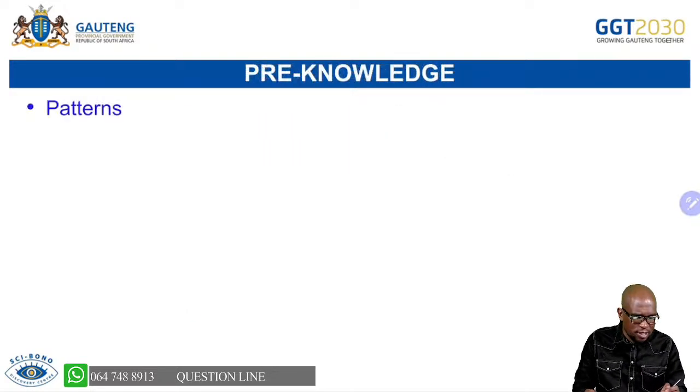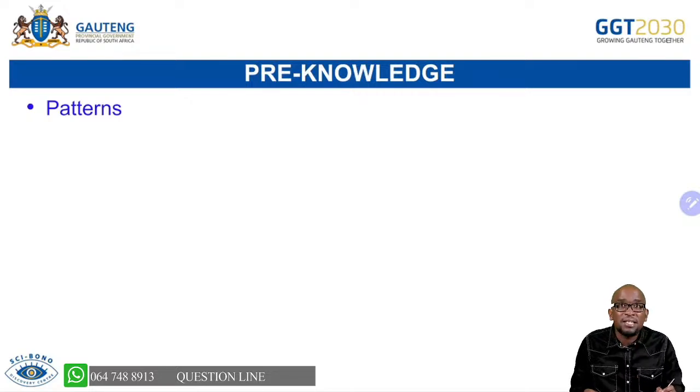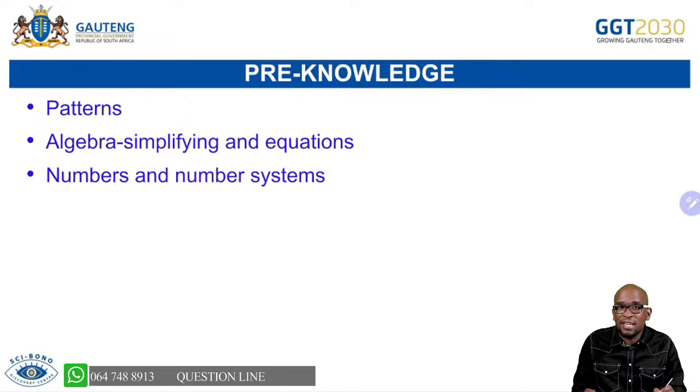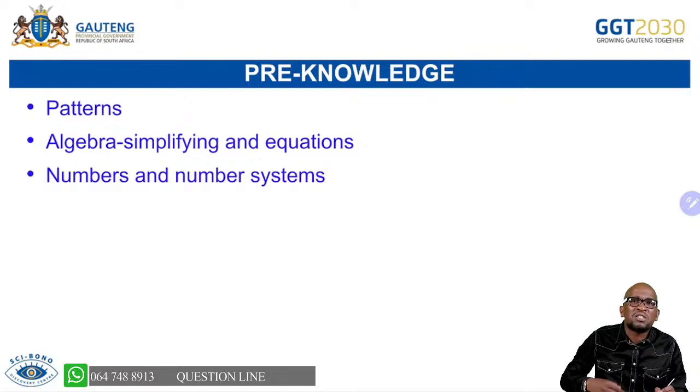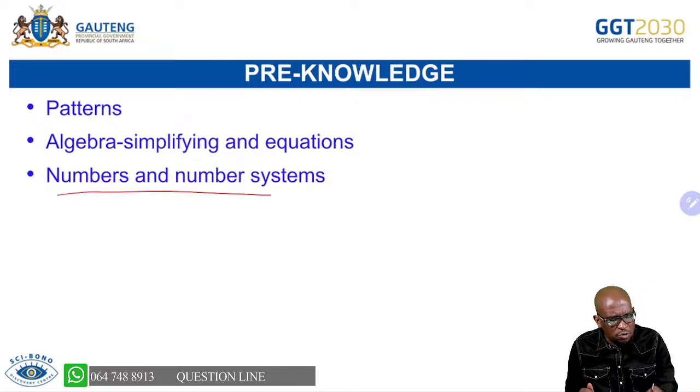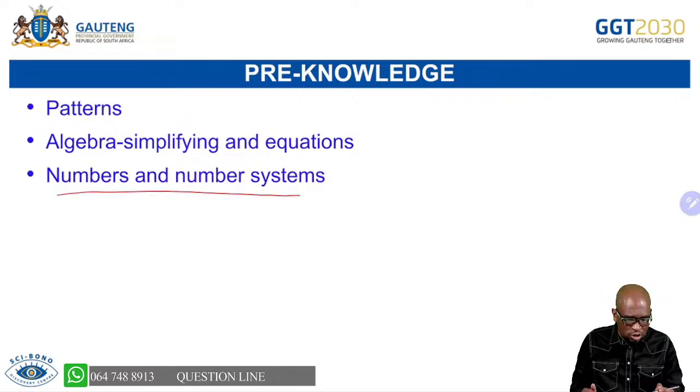Right. Now, the pre-knowledge that you should be bringing into this lesson is patterns that were learned earlier on. The algebra is useful also there, the number systems. If they tell you to determine the number of terms and you get that it's not a natural number, then you should be rejecting one of the solutions. So in order for you to do that, you need the knowledge of the number systems.